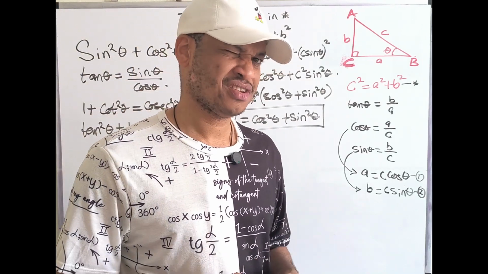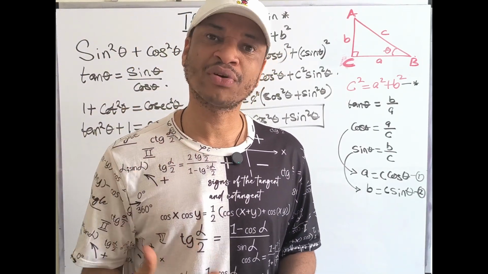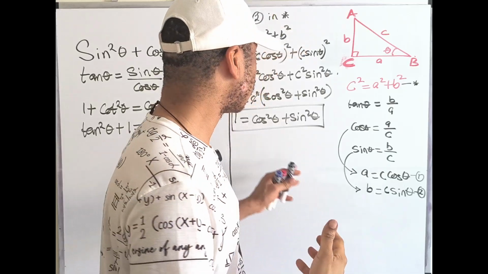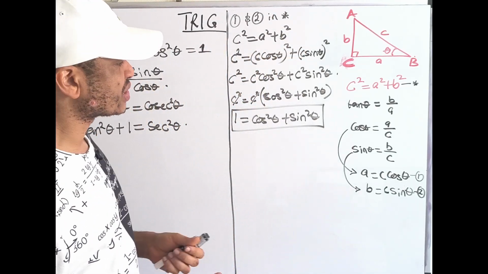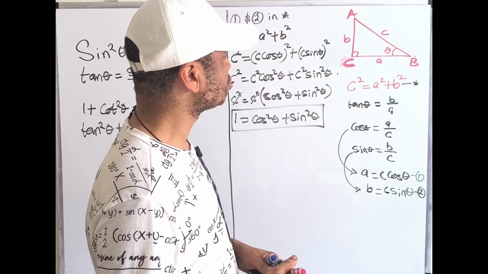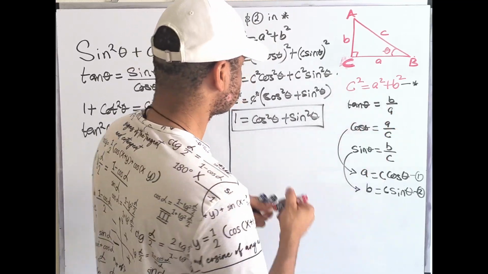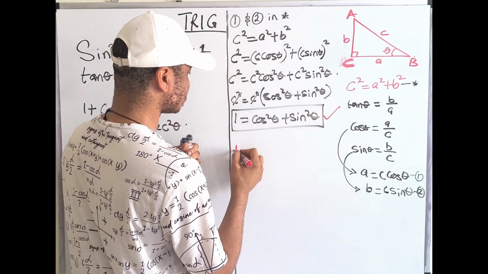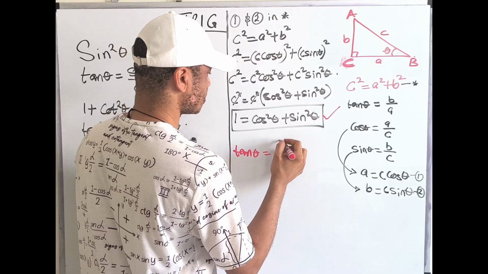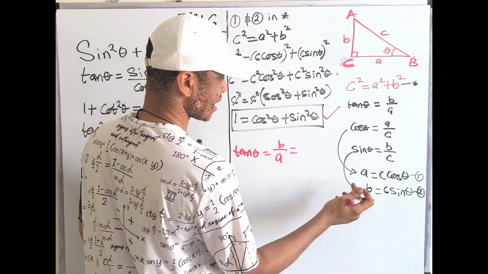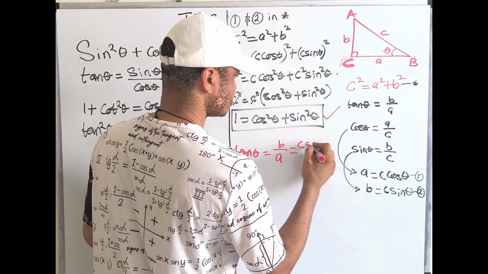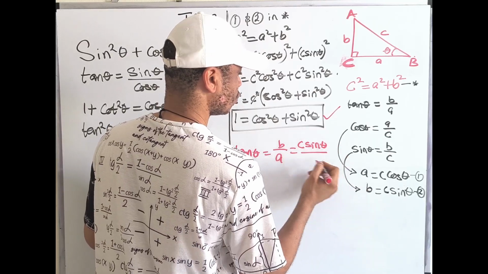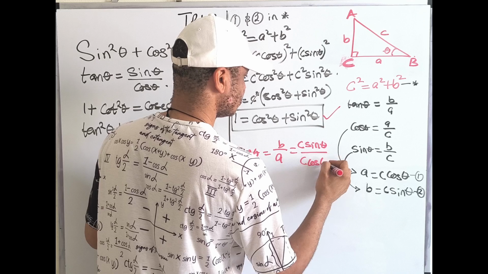So that is how it was gotten. It was not just by fluke or them wanting you to memorize. This is how we get this. Now you can test something. I know tan theta is B over A, and B is C sine theta over C cos theta.